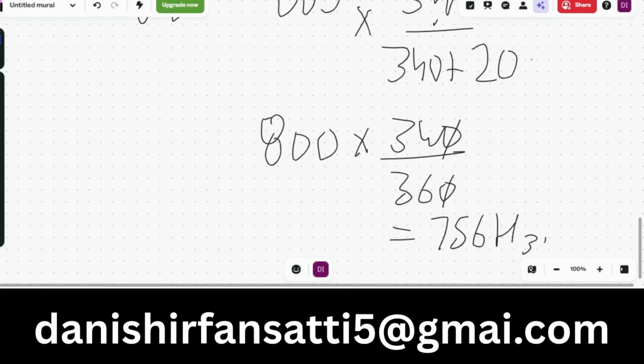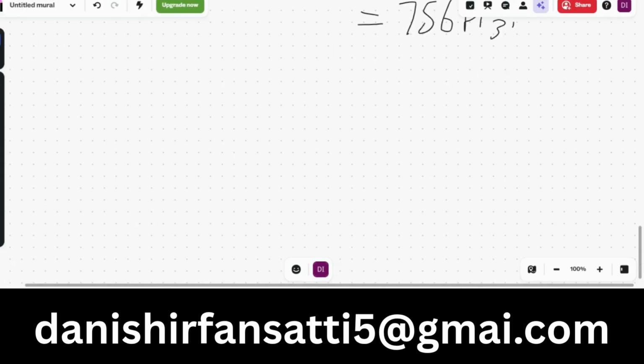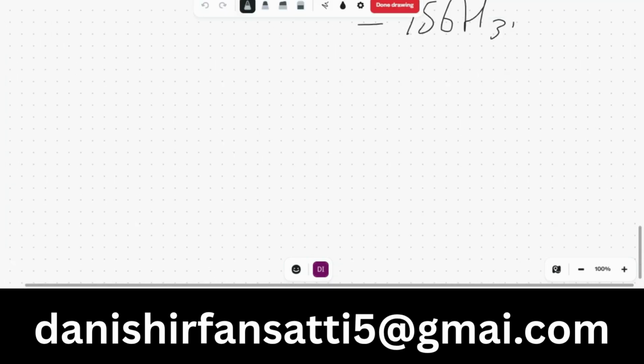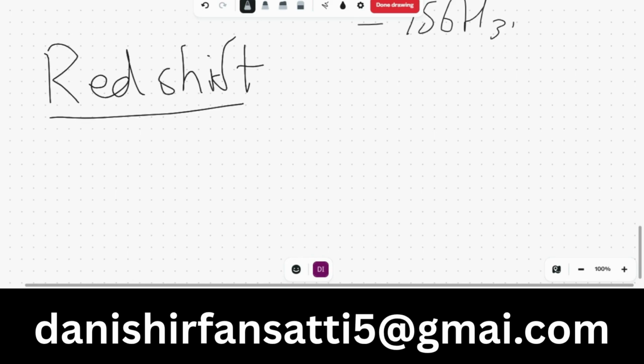Now what is redshift? Redshift: when a galaxy moves away from the Earth, its light stretches. That's why it gives a red color, and due to that its wavelength also increases.